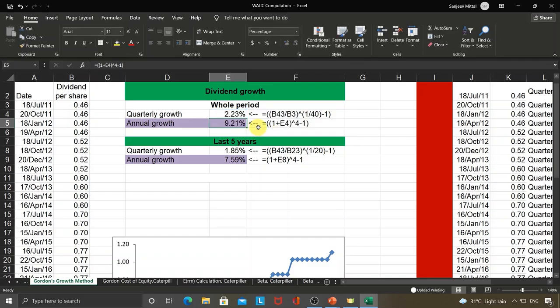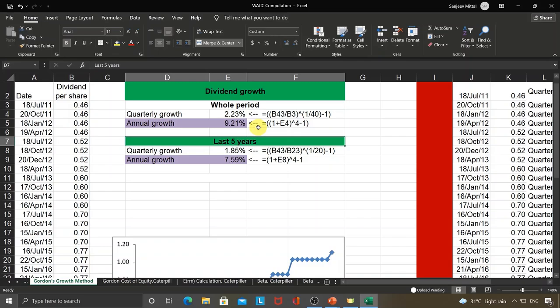So this 9.21% is the annual growth rate of dividend based upon the historical dividend data of the previous 10 years. But the majority of analysts think that the recent 5 years reflect a more latest growth rate.